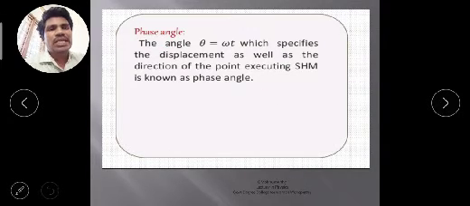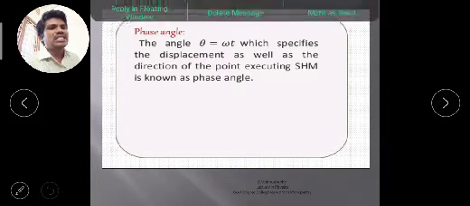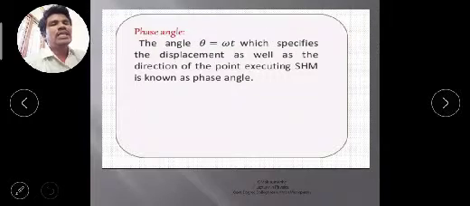Now the phase angle. The angle theta is equal to omega t, which specifies the displacement as well as the direction of the point executing simple harmonic motion, and is known as the phase angle.